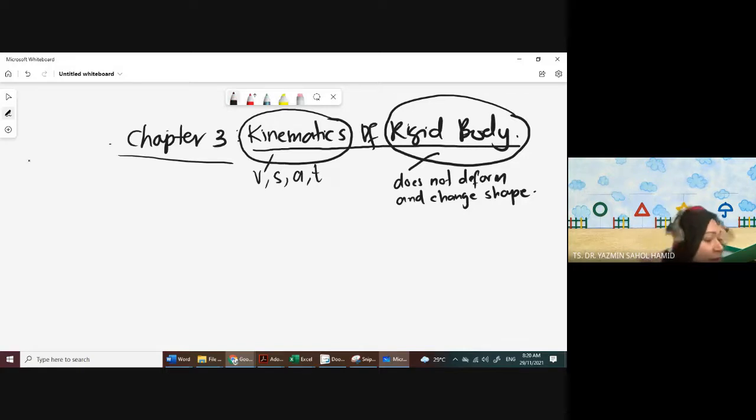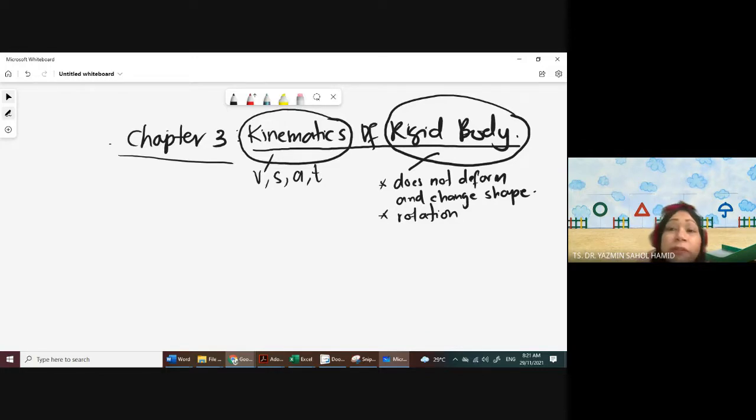In contrast to particles, the additional part of a rigid body is that it has rotation involved. It has rotation, which means it can rotate due to movement, so there are movements involved.